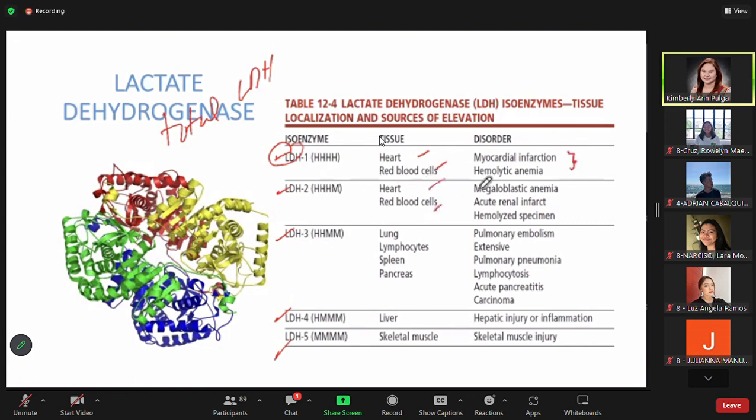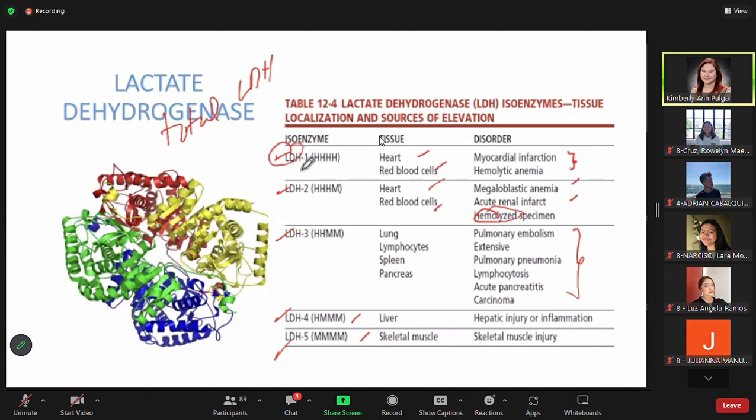LDH2, heart and red blood cells. So, pwedeng megaloblastic anemia, acute renal infarct, or hemolyzed lang ang specimen natin. LDH3, HHMM, so lungs, lymphocytes, spleen, pancreas. So ito yung probable disorders. And then you have LDH4 and LDH5. So mas maganda kung i-measure natin yung isoenzymes, no?